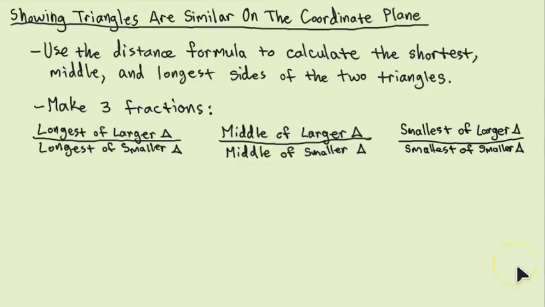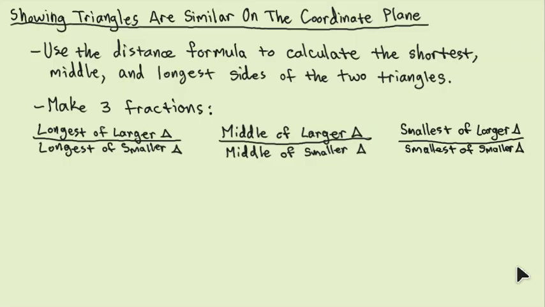Now, it is very likely that all of these numbers in these fractions are either radicals or decimals. If you're doing decimals, make sure you go out several decimal places, maybe 6 or 7. But if they're radicals, that's okay. It's going to be hard to tell whether this fraction with radicals is comparable to this fraction or this fraction.